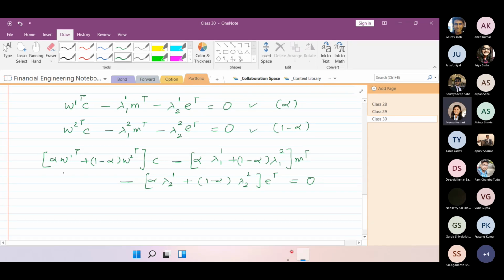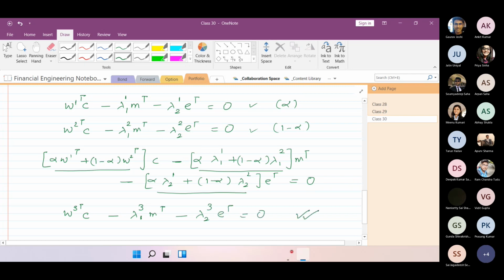Correct. So this I am calling W3. This can be written as W3 transpose C. This can be given as lambda 1 for the third solution, and this can be given as lambda 2 for the third solution, and this will become 0.